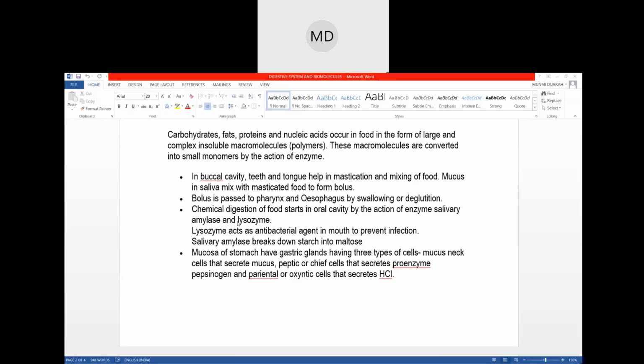So saliva is very important. First of all, it has salivary amylase, which helps in digestion, breaks down starch into maltose, and then there is lysozyme, which acts as an antibacterial agent.